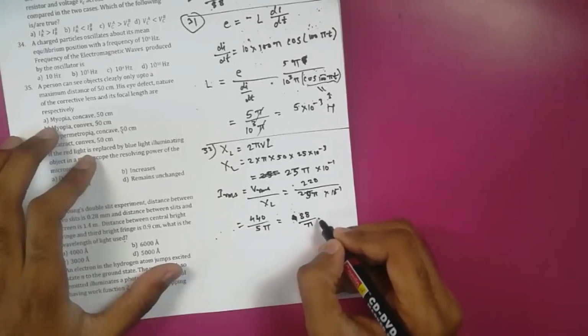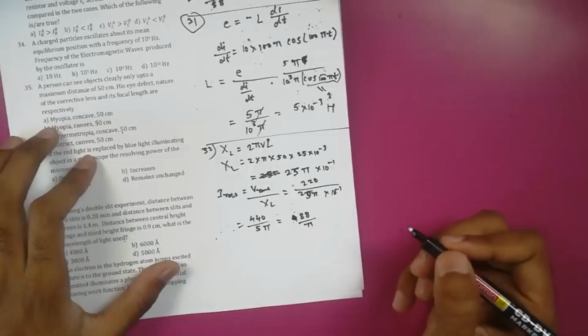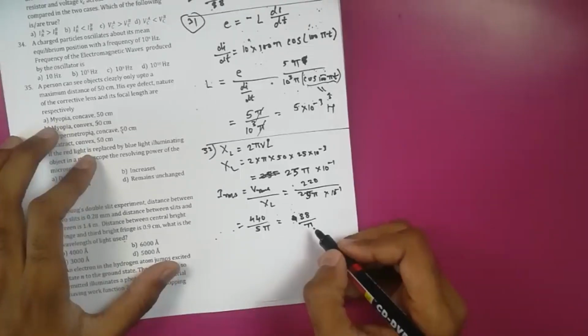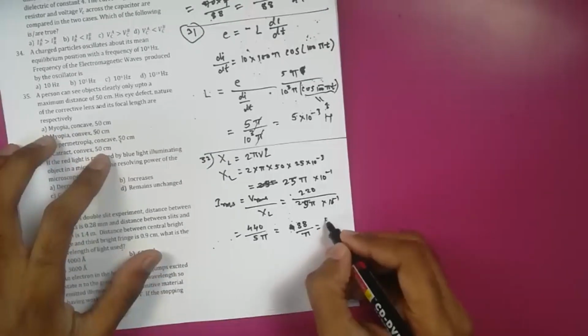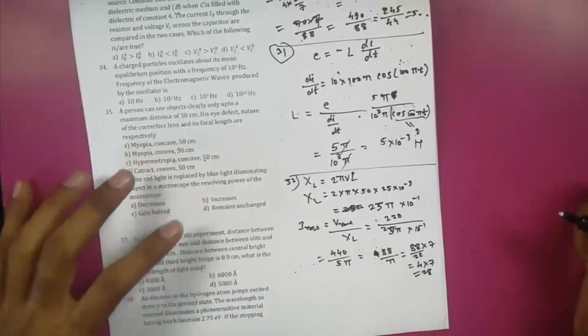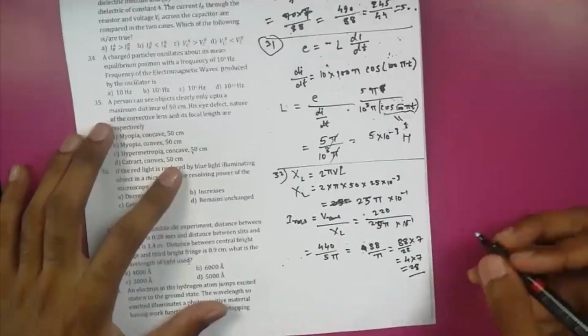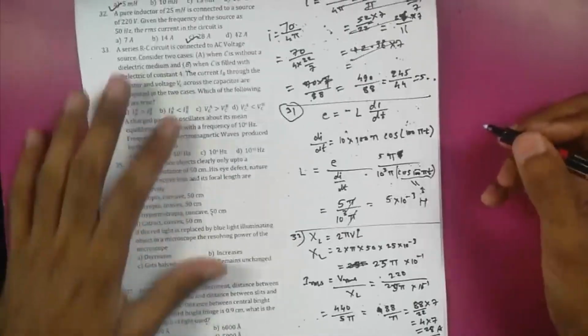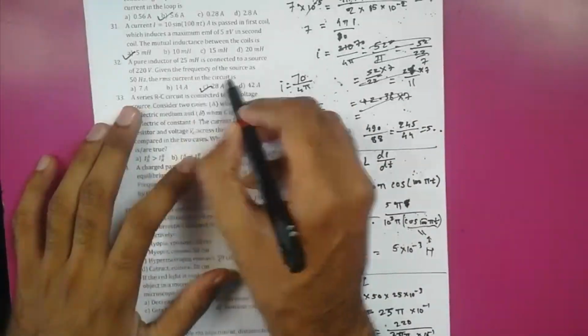Now, because we need to find the exact value, what will be the value? 88 upon 22 by... Okay, so after calculation, we got 28, which is in amperes. That means there are 28 amperes of current in the circuit.